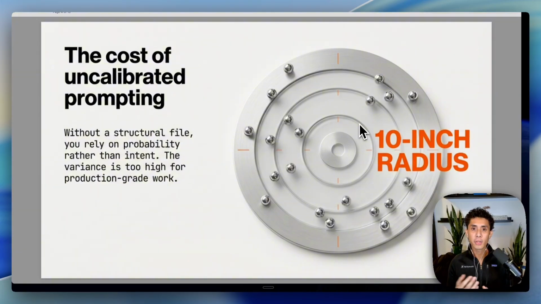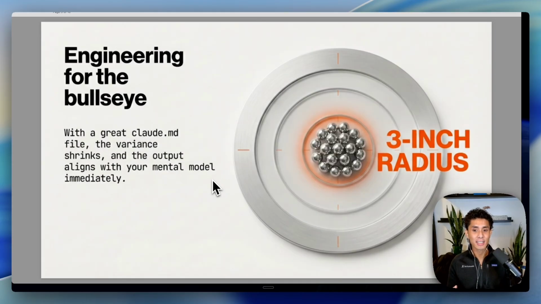But what if there was a world where rather than starting from a 10-inch radius outside of the bullseye, we can start as close to the bullseye as possible? Well, guess what? That is exactly what the Claude.md file helps you with.